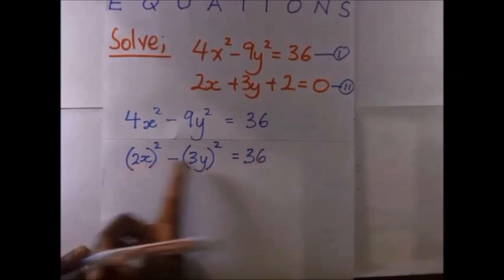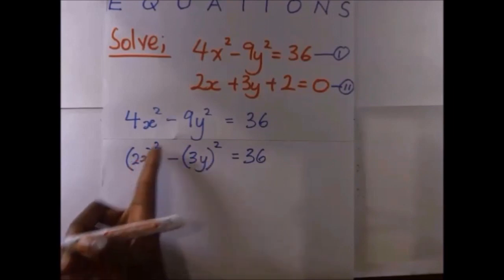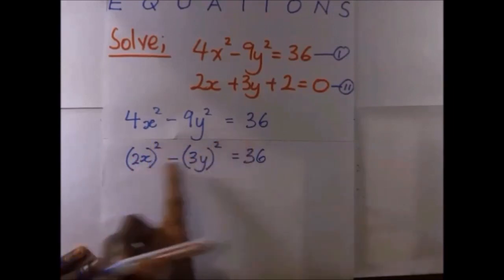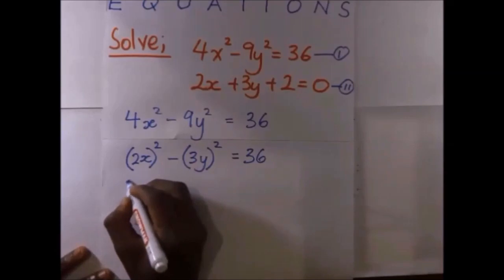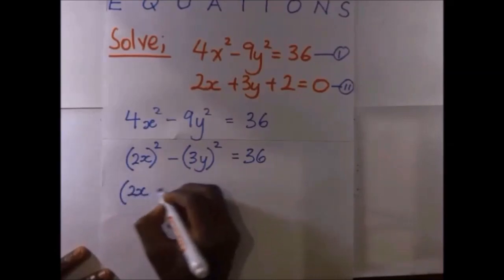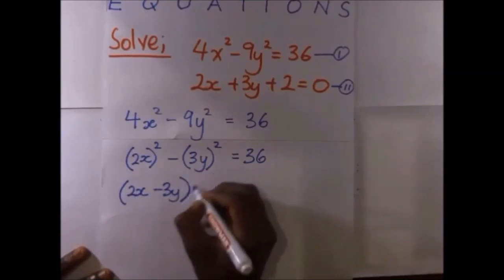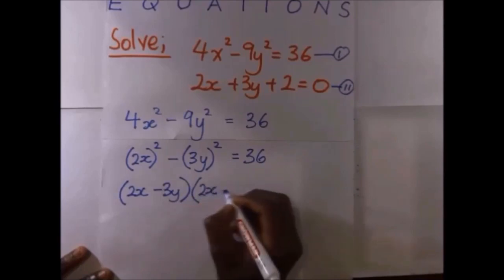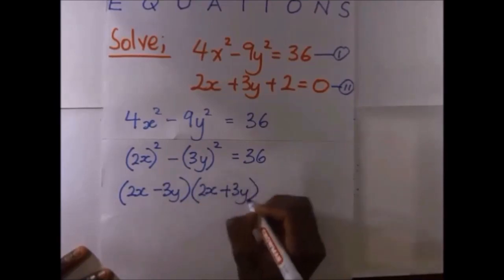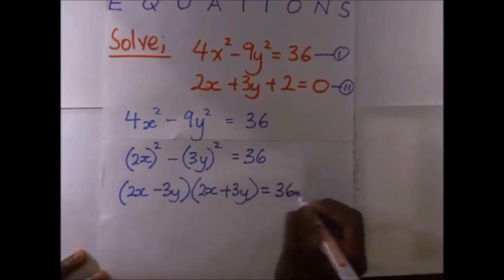If you look at this, this is a difference of two squares, like a squared minus b squared. So with a difference of two squares, it's going to be (2x minus 3y)(2x plus 3y) equal to 36.